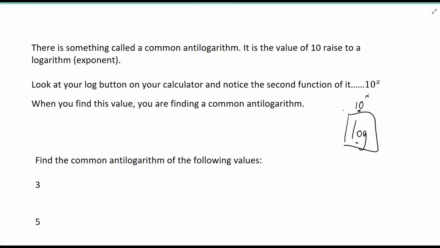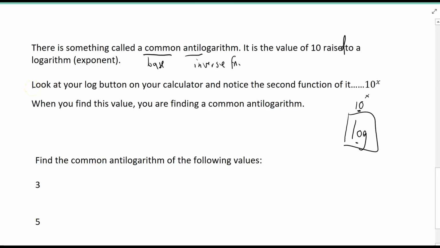It finds the common anti-logarithm, because it's base 10. It raises 10 to the logarithm. So there's something called a common anti-logarithm: it is the value of 10 raised to a logarithm.